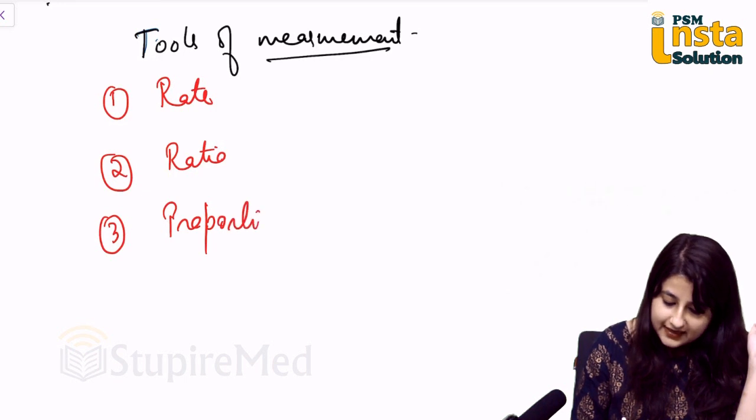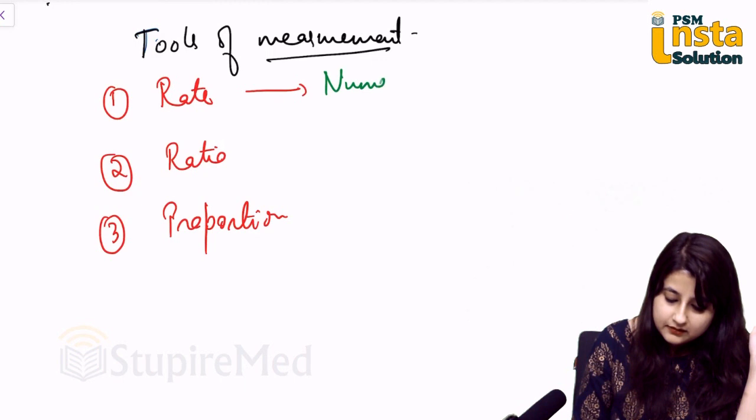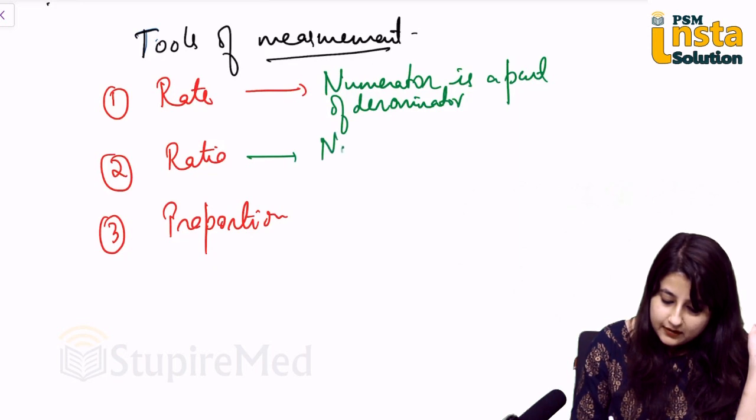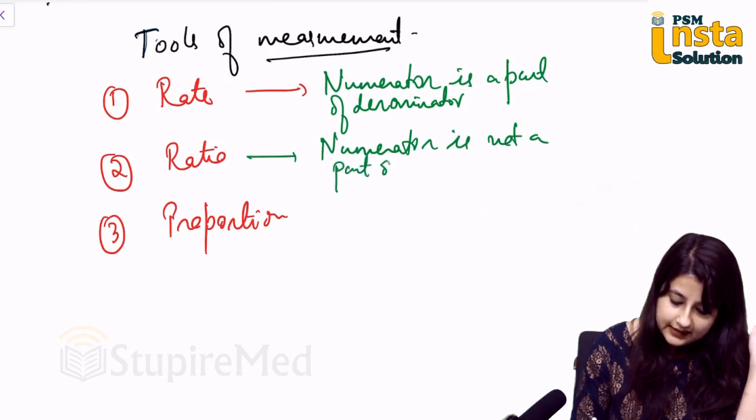What is rate? In rate, the numerator is a part of the denominator. Let us first just put what each of these is. What is ratio? In ratio, the numerator is not a part of the denominator.